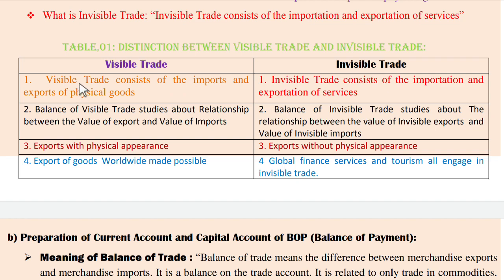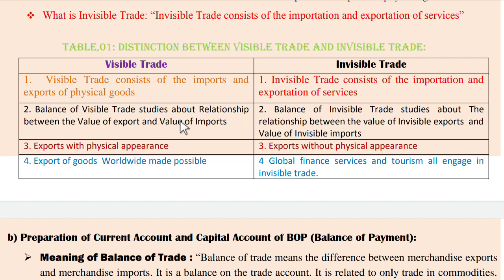Friends, visible trade consists of the imports and exports of physical goods, but invisible trade consists of importation and exportation of services.